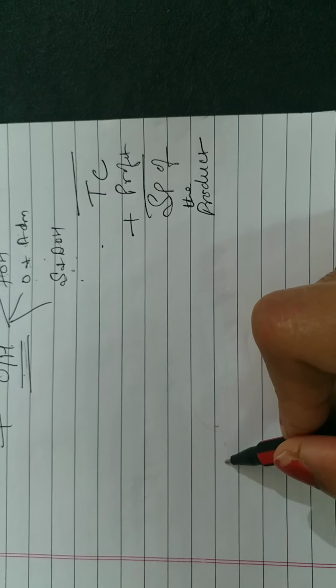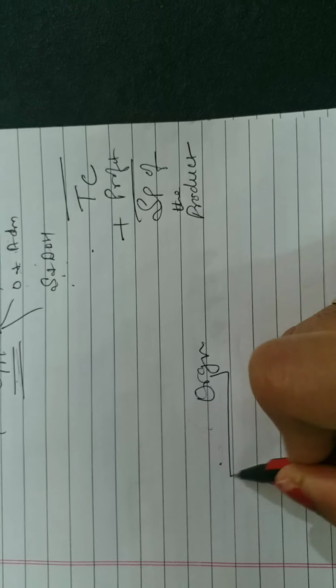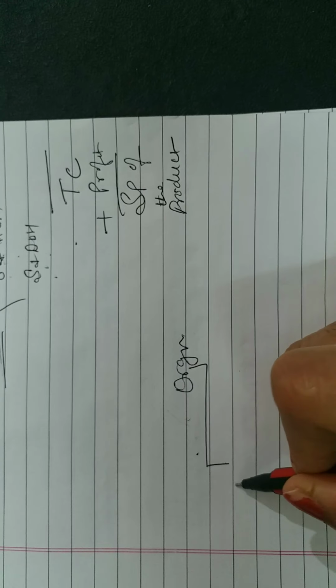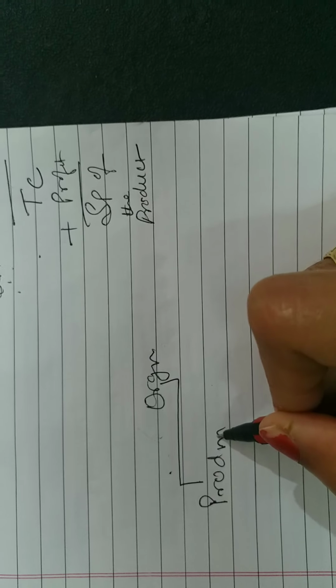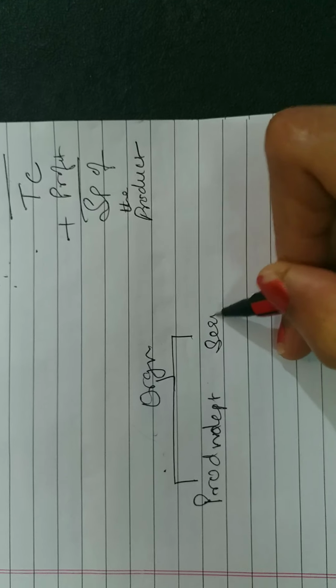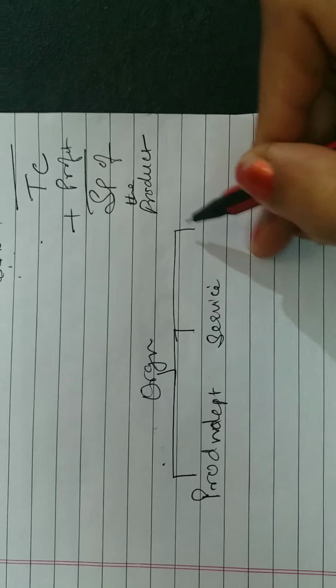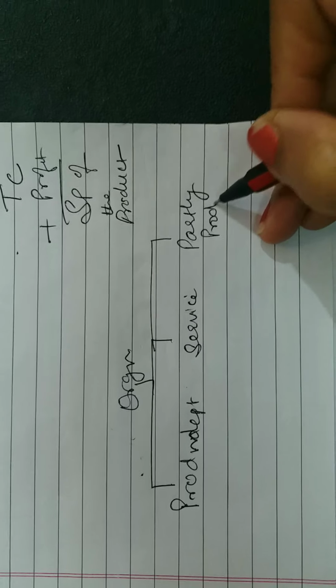So the next thing is that in an organization, there are three sorts of departments. There are certain departments which are known as production departments, then there are certain which are service departments, and then the ones which are partly producing departments.